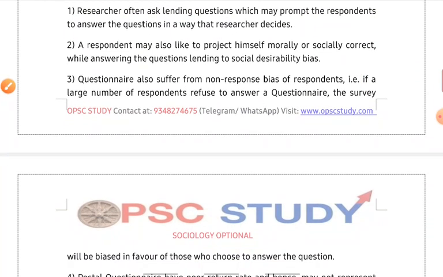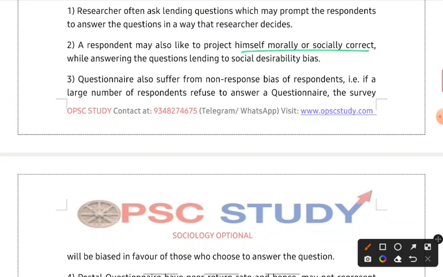Then a respondent may also like to project himself as morally or socially correct while answering the question, leading to social desirability bias. Suppose a question is asked on domestic violence.